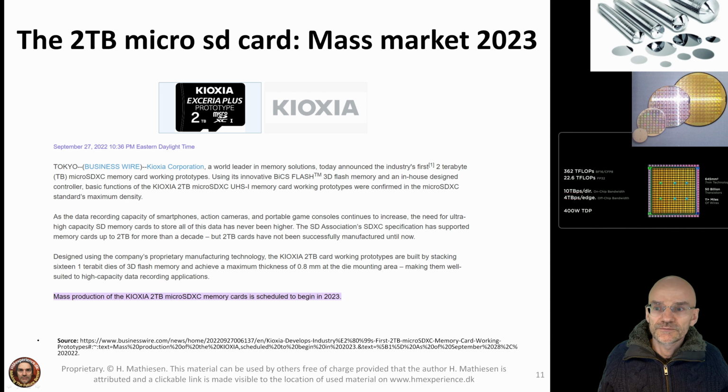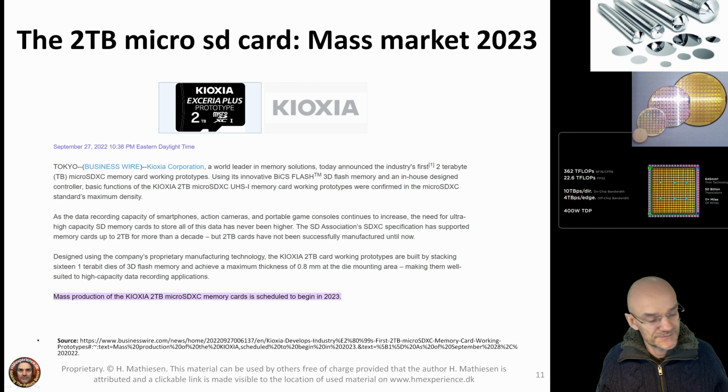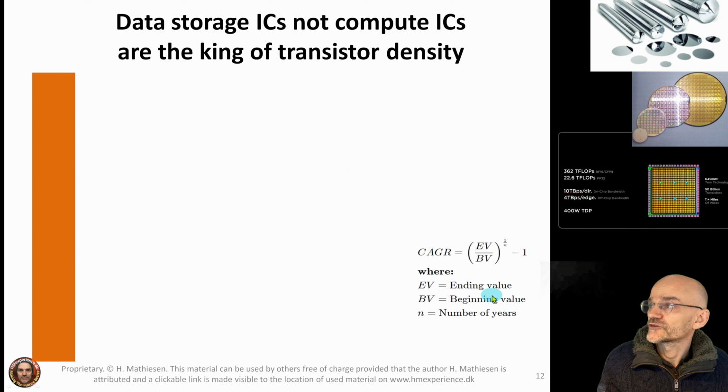That's mind-blowing. Your iPhone 13 that has a computational chip in it only has 15 billion transistors in it, but these memory chips here, 5,333 billion transistors. That's insane. So I thought that was interesting, and you'd be able to buy this kind of micro SD card for, I don't know, $400 on Amazon next year. Let's move on here to the next slide.